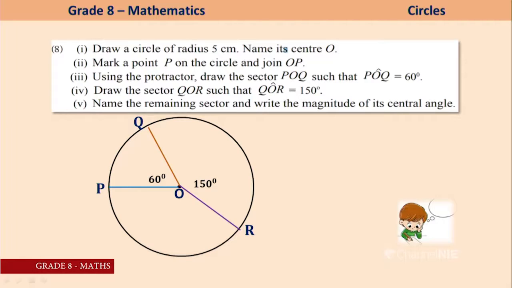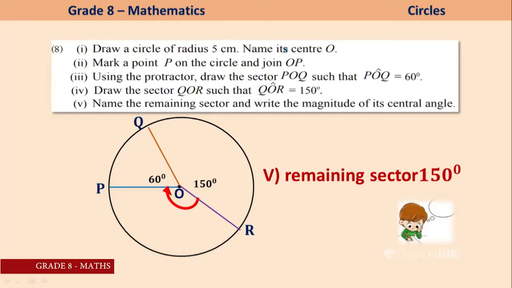So, they ask about the central angle of the remaining sector. So, it should be 150. You can measure that central angle using a protractor to obtain it.